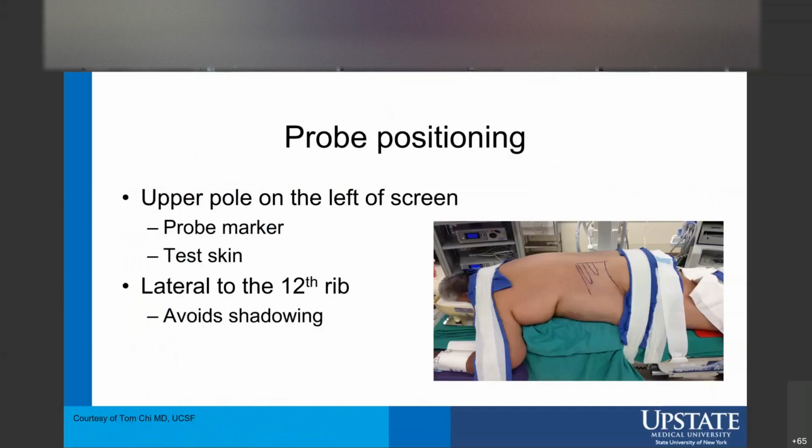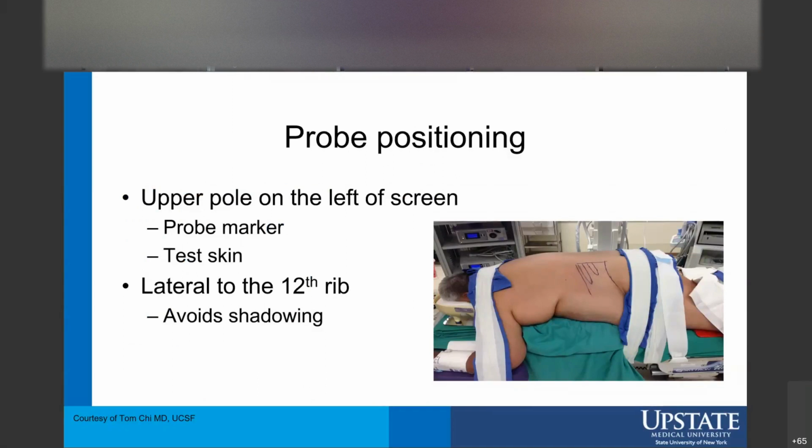So our landmarks are similar. We mark out our ribs, the paraspinous muscles, the iliac crest, sometimes the posterior axillary line. We want to recognize that positioning the probe perpendicular to the ribs is going to result in rib shadowing. I know Dr. Chi likes to position his probes lateral to the 12th rib and often gets upper pole access.